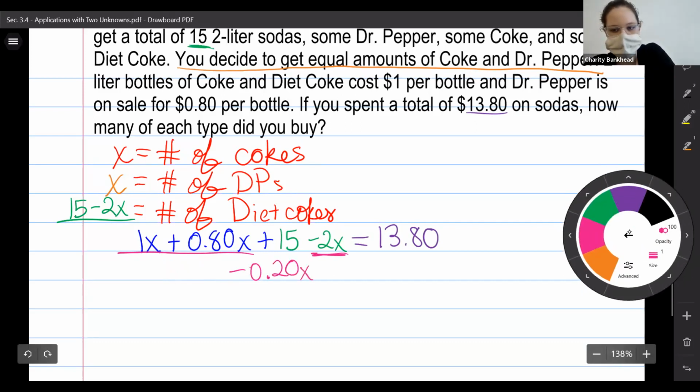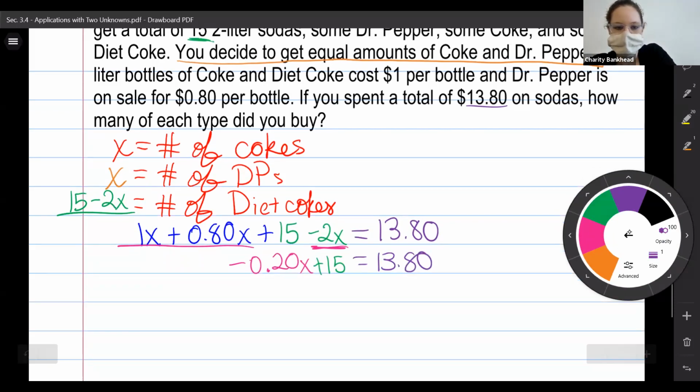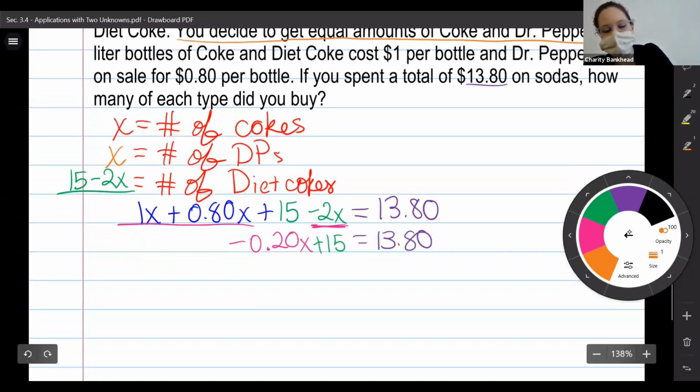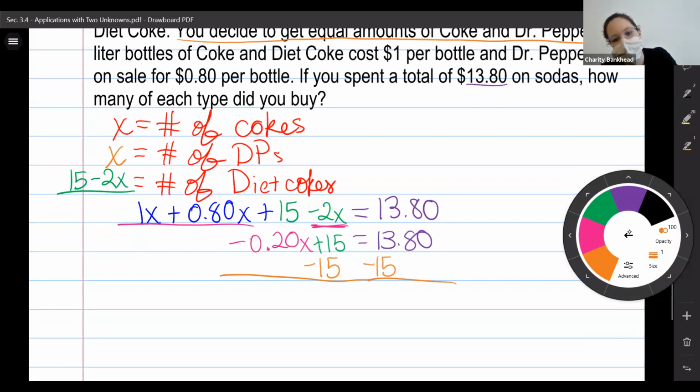And then I still have the plus 15 equals $13.80. And then I can just subtract 15 from both sides. So $13.80 minus 15, that's going to be negative 1.20.